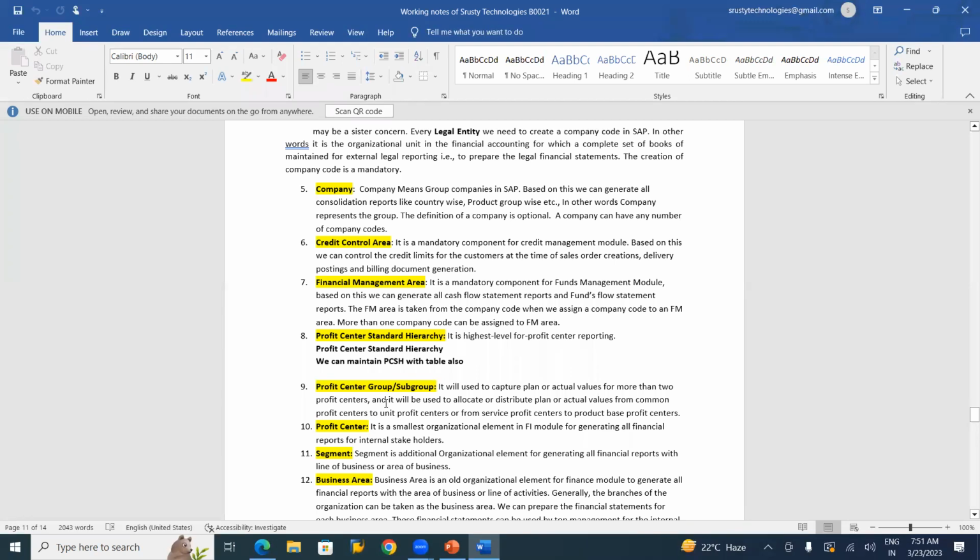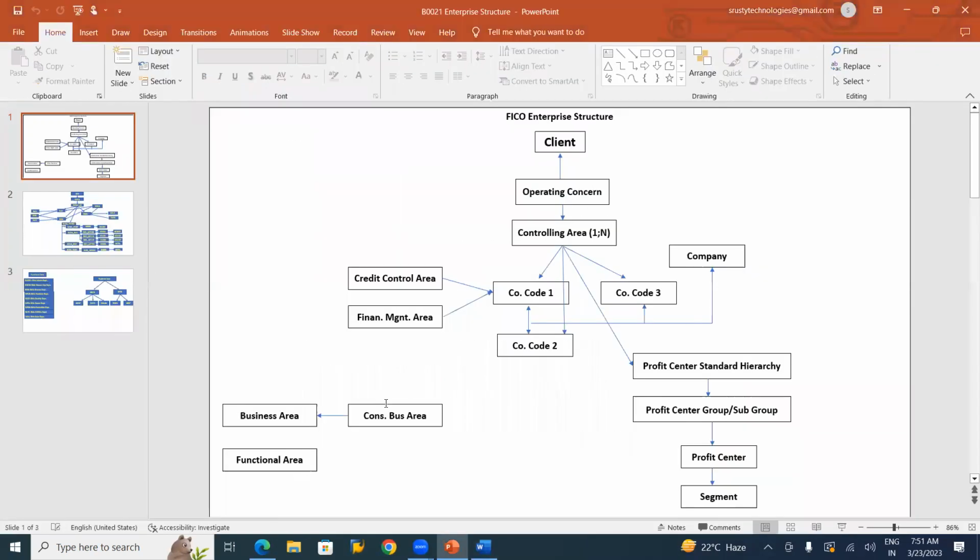Profit center group or subgroup. First we will define the profit center standard hierarchy, then profit center group or subgroup. Sorry, Naveen, for defining each profit center hierarchy and profit center group, we have separate transaction codes, right?